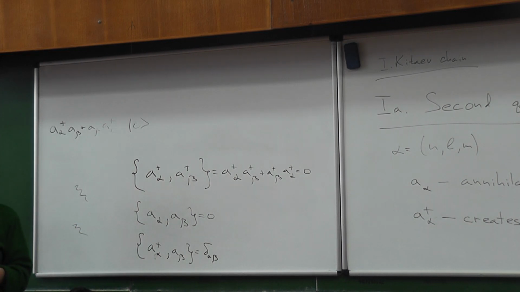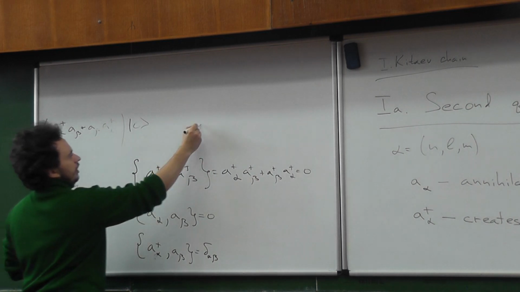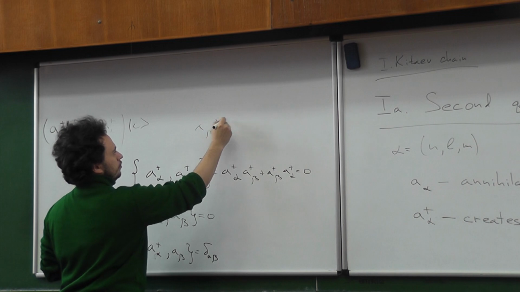Right, so this thing is 0 because I'm trying to annihilate an electron in a state with no electrons at all. So A beta times 0 is 0.